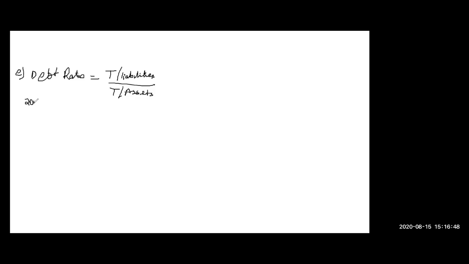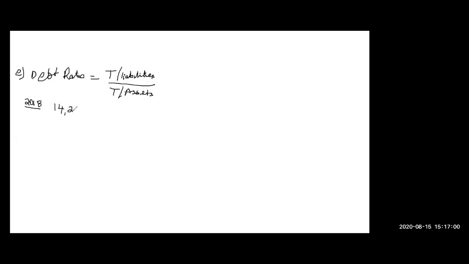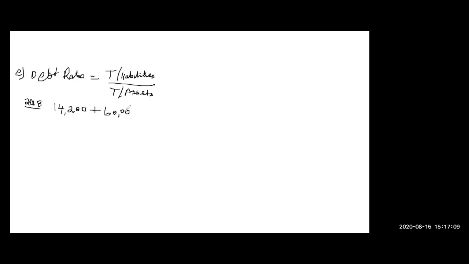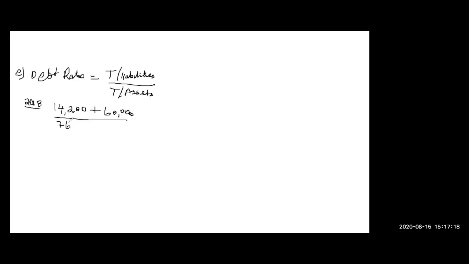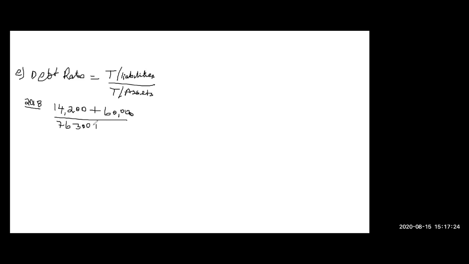For 2018, total liabilities is 14,200 plus 60,000, divided by 76,300 plus 23,900.